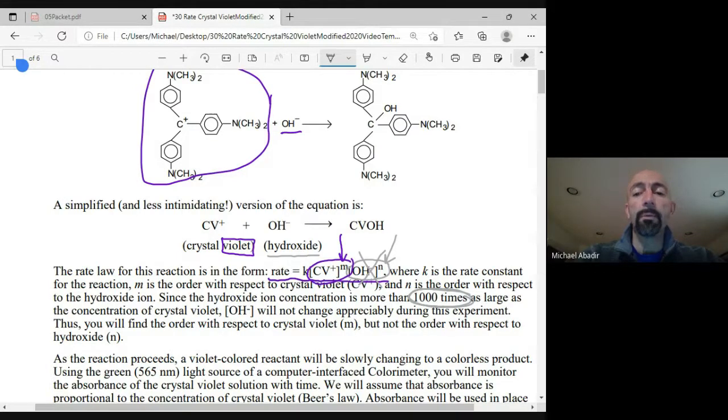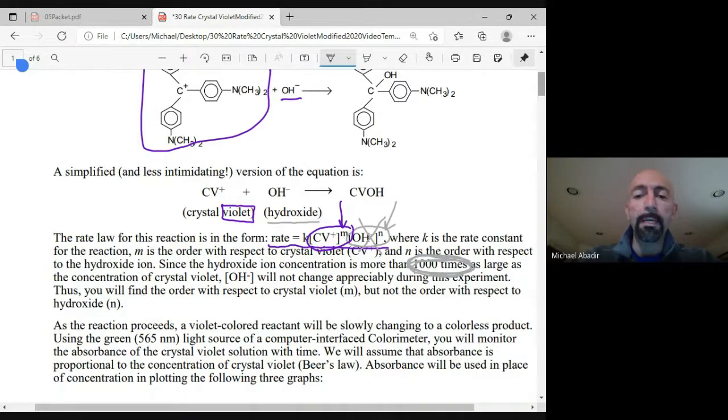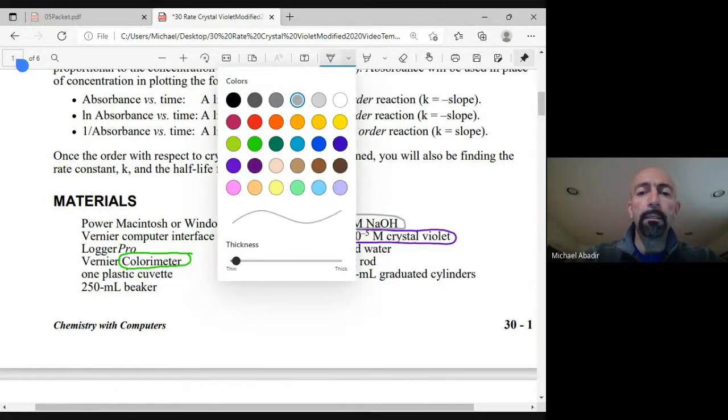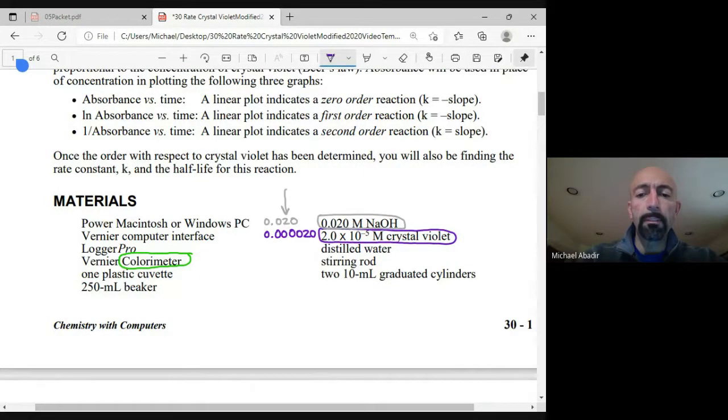What we're going to do is use a hydroxide concentration that is 1,000 times more concentrated than necessary. So if you look at your reactants, you're going to see in the materials here that the hydroxide is 0.02 molar, whereas the crystal violet is 0.00002 molar.